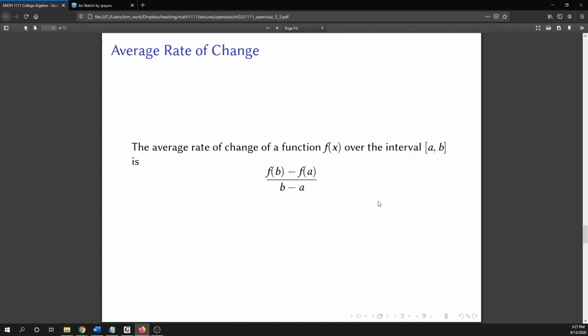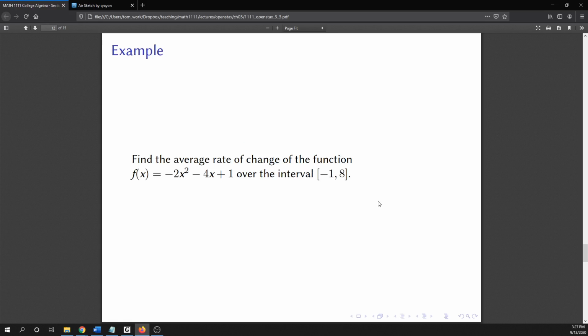All right, so let's first look at how to calculate this when we're given a function in function notation. Let's say we have this function f of x equals negative 2x squared minus 4x plus 1. And we want to calculate the average rate of change from negative 1 to 8.